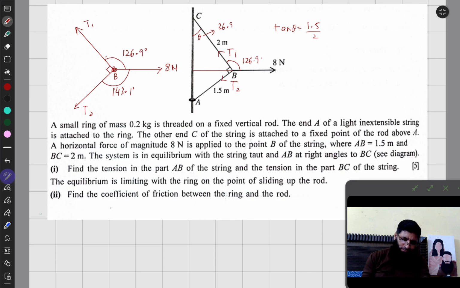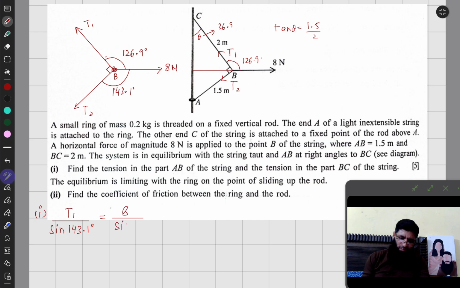You can see that the angle which is opposite to T1 is 143.1. So you will have T1 divided by sine 143.1 equal to 8 Newton. And you can see that the angle which is opposite to 8 is 90 degrees.